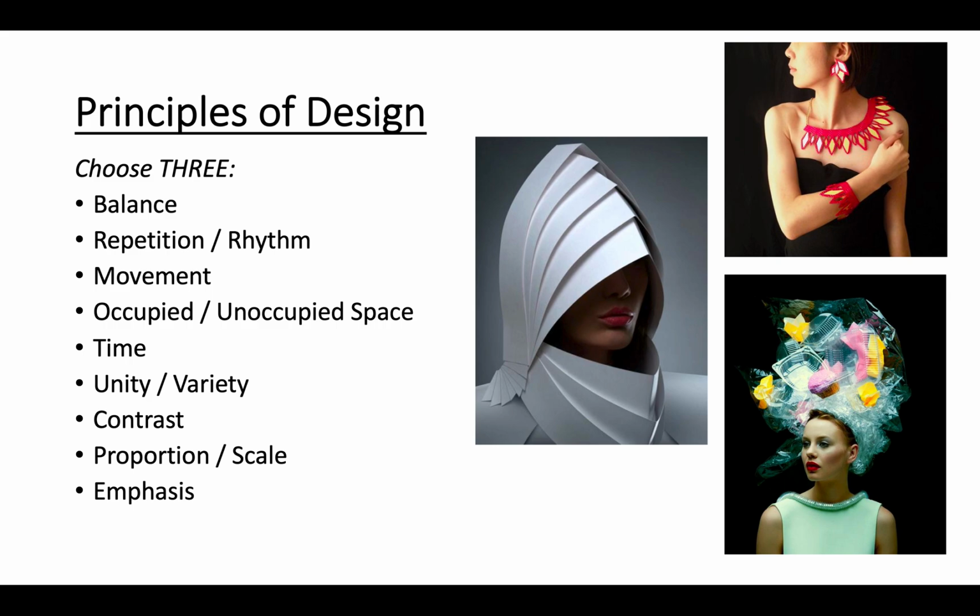When I look at the sculpture, I see balance because there's a strong symmetrical composition to the way that the parts of the helmet are arranged, especially with that line going down the middle of the head. I also see repetition because these strips of poster board, I don't know what to call that part of the helmet, but it's repeated over and over again.